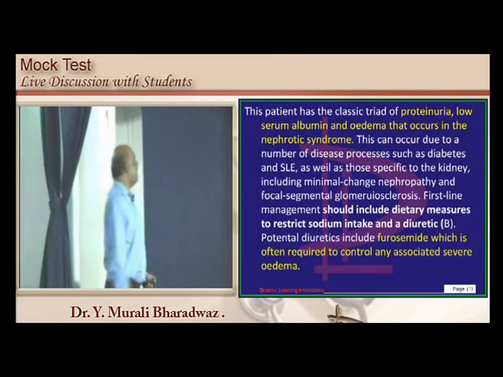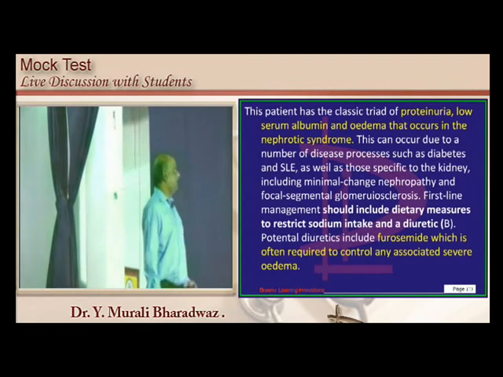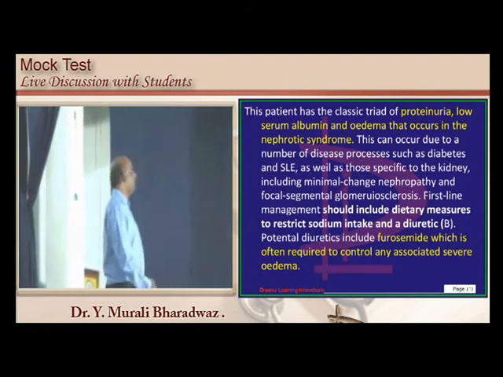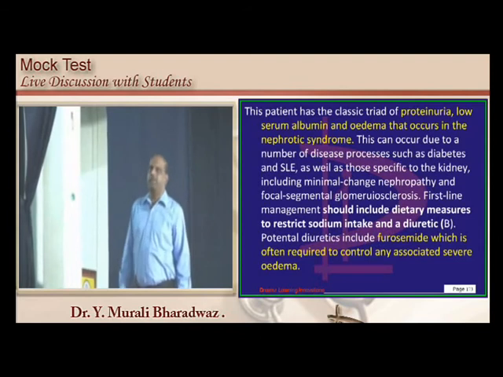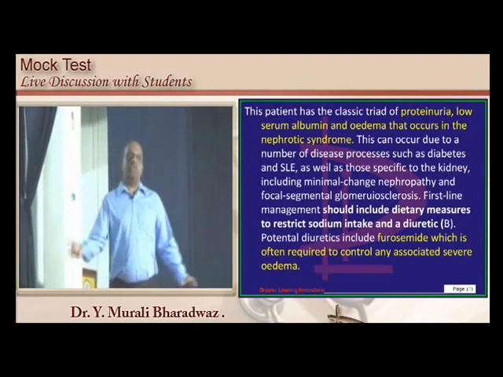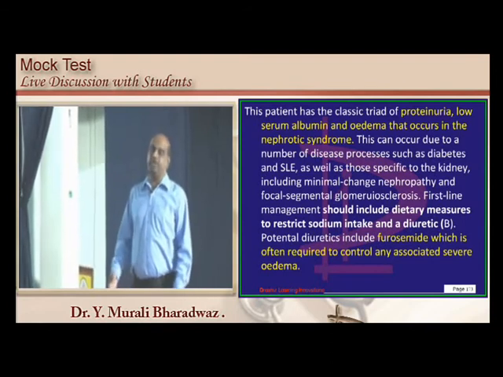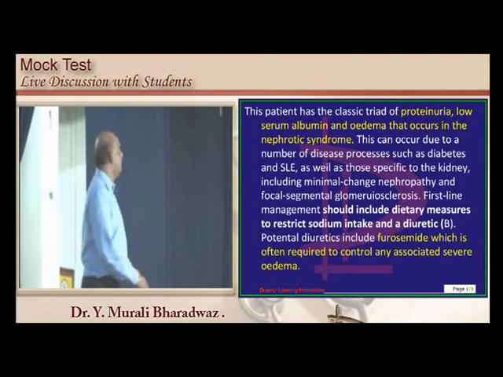So you need to start him on diuretics and restrict sodium intake as the first step in case of nephrotic syndrome. And you should discourage bed rest, because nephrotic syndrome is already a procoagulant condition. If you ask him to bed rest without anticoagulation, he may end up with a very good, beautiful DVT.